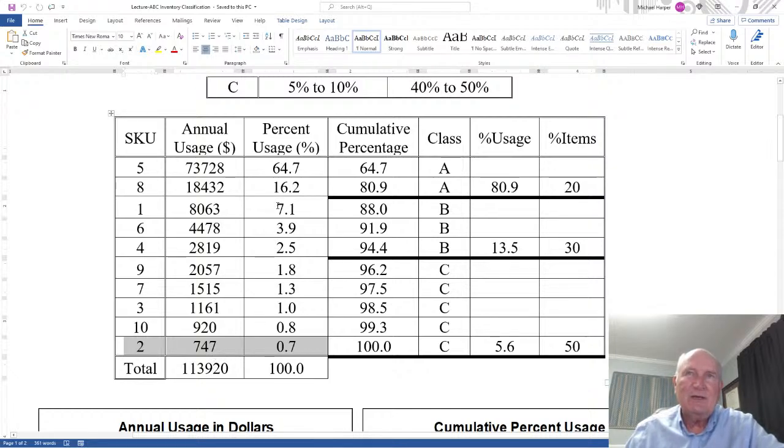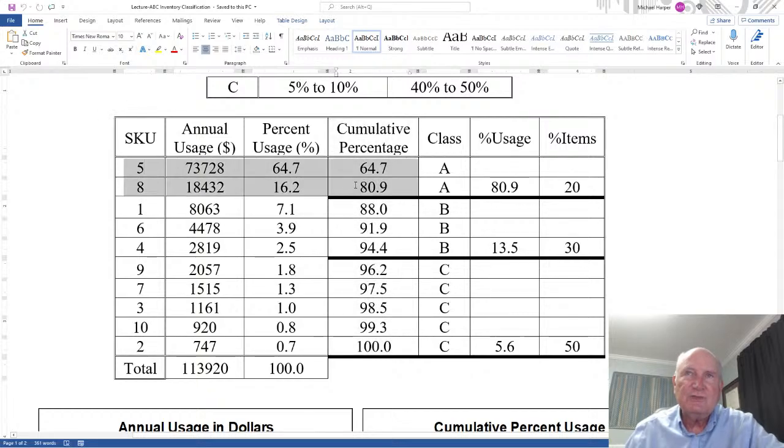Okay, and then I'm going to look at the cumulative percentage of these. In this column, I take 64.7, and 64.7 plus 16.2 is 80.9.